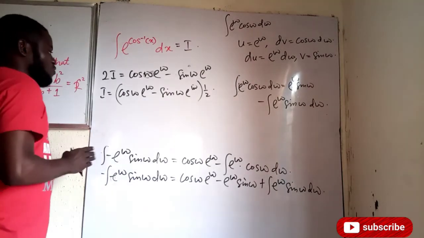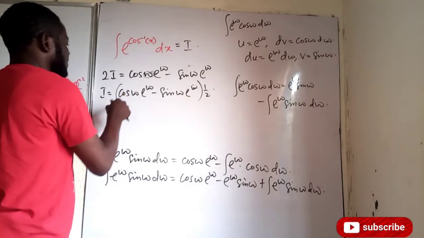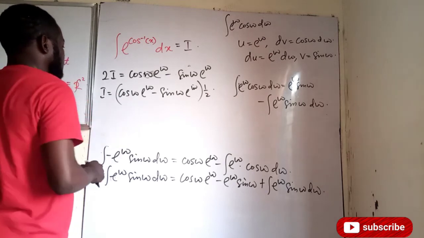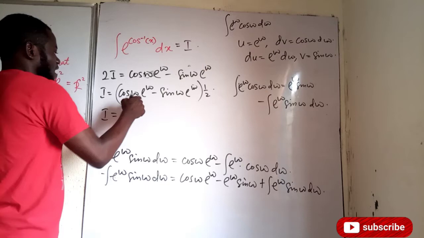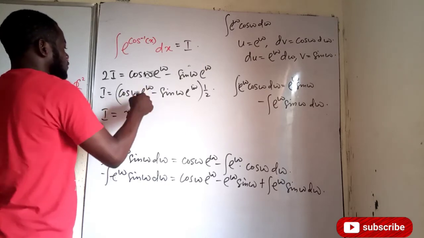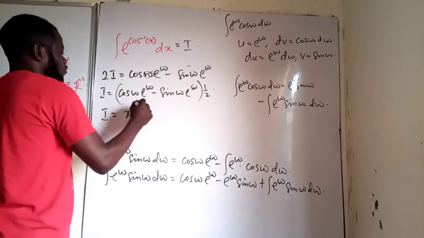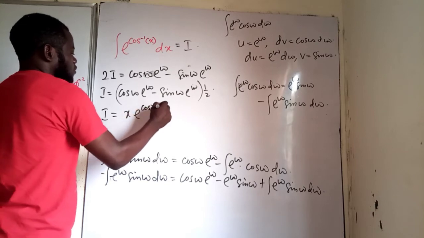If this is what we have, then let us recall what we started with. Cos of w is the same thing as x, so this is going to be x times e to power of w, which is the same thing as saying the arccos of x, so this is arccos of x.